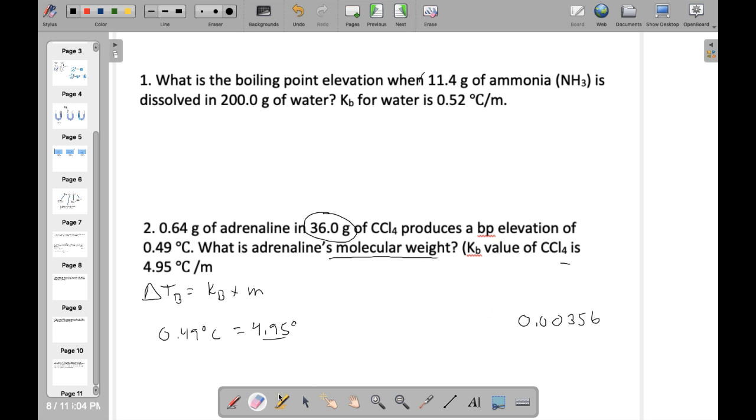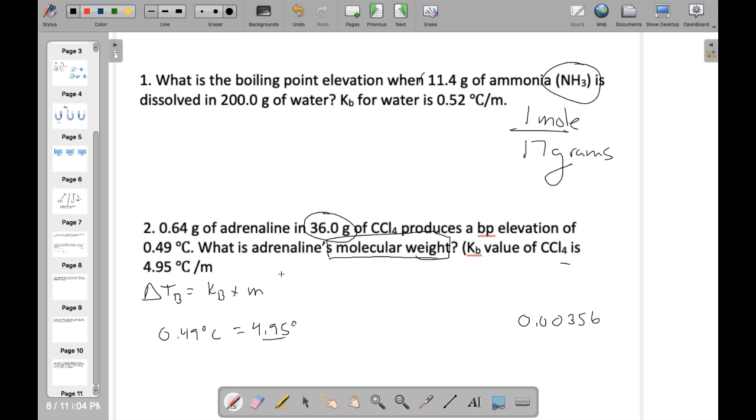If I think about this for a second, what is molecular weight? If I go to the periodic table and look up ammonia, I said it was 17 grams for every 1 mole. Basically, molecular weight is grams per mole.